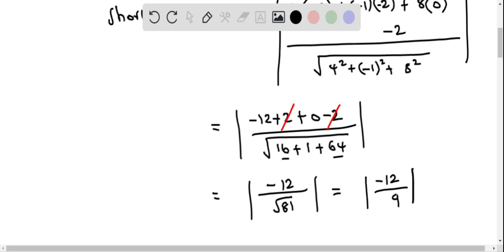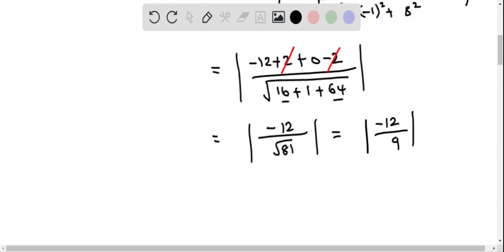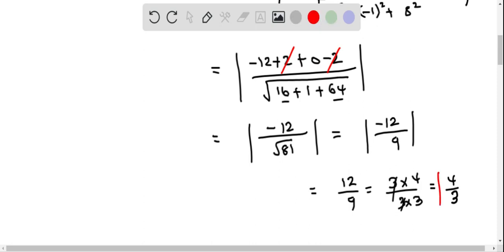We have to take its absolute value, so this becomes 12 over 9, and we can reduce this to a simple fraction: this is 3 times 4 and this is 3 times 3, so this equals 4 thirds. Therefore the shortest distance between the point and the plane is 4 thirds.